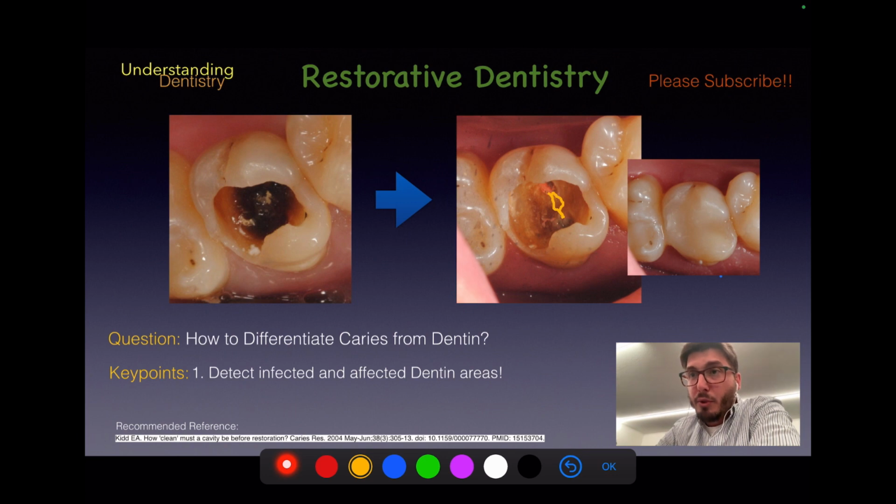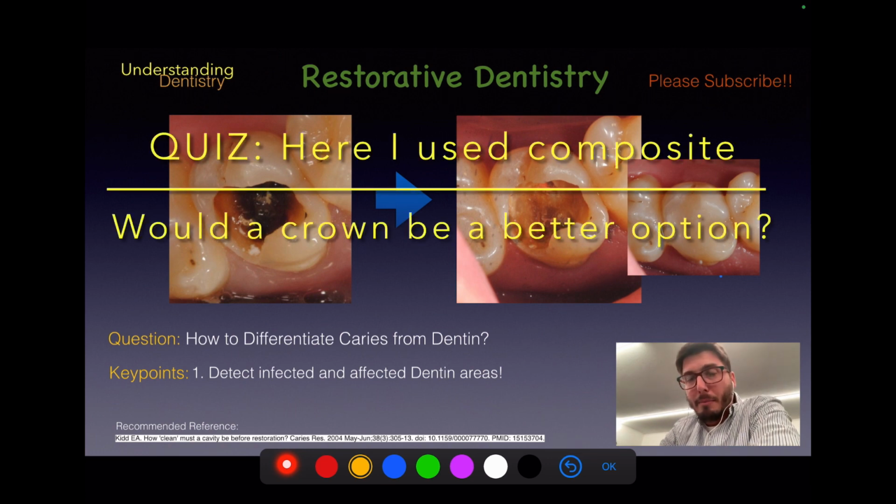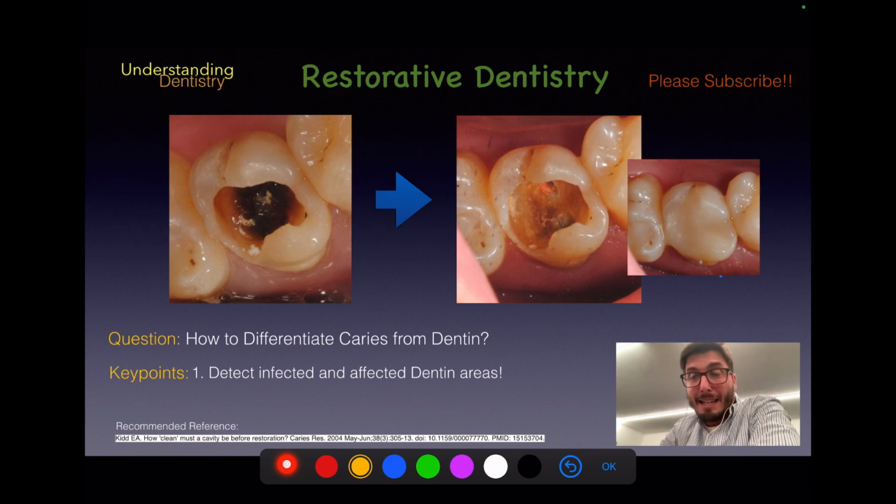However, I failed to do that and then just exposed the pulpal floor very close to the root canals. I still was able to perform this root canal treatment, and the restoration is still there in the mouth, but at least I can show you guys the different shades of dentin, right?